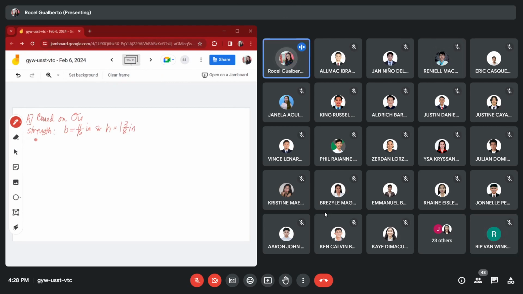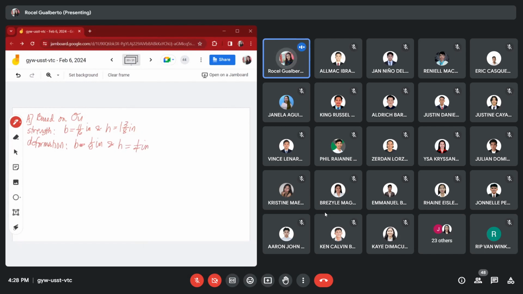Okay, yan po yung sagot natin base sa strength. Tapos, ngayon po, base sa deformation failure, ano yung nakuha nating sagot? b is 1/8 and yung h po is equal to 1/4 of an inch.